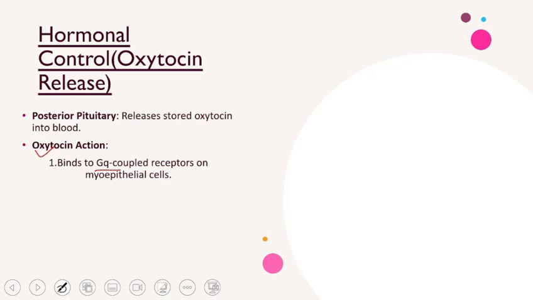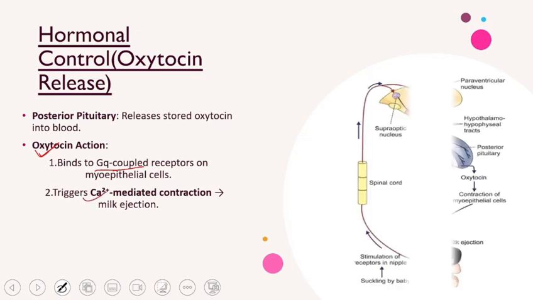Such secondary messengers are released once this Gq coupled receptor gets stimulated by the binding of oxytocin to this receptor. Then that will trigger the release of calcium in the myoepithelial cells, and that calcium leads to the contraction of the myoepithelial cells.